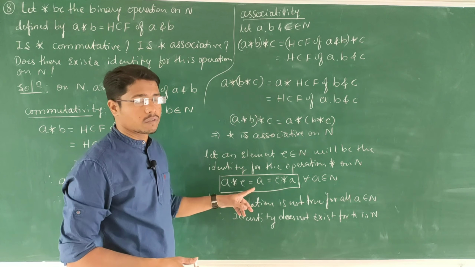This relation does not hold. Therefore this relation is not true for all A belonging to N. Therefore identity doesn't exist for star in the set of natural numbers, for this operation.